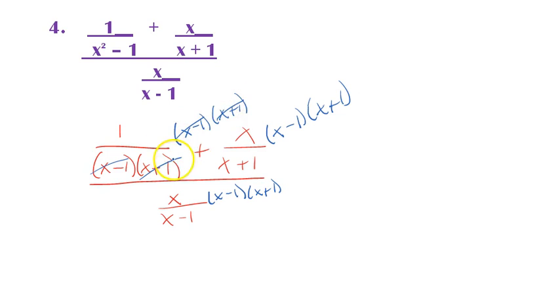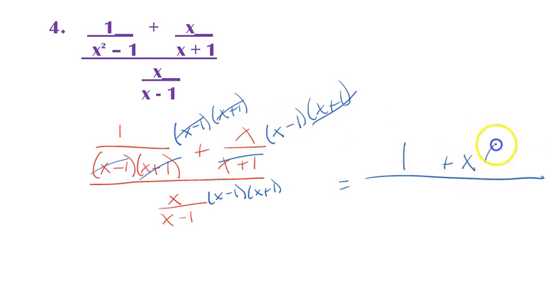And you're like, everything canceled out, but it didn't. You still have the 1. So I have the 1 over there, plus, and then the x plus 1's cancel. So I have x times x minus 1. And then on the bottom, the x minus 1's cancel, and I have x times x plus 1.